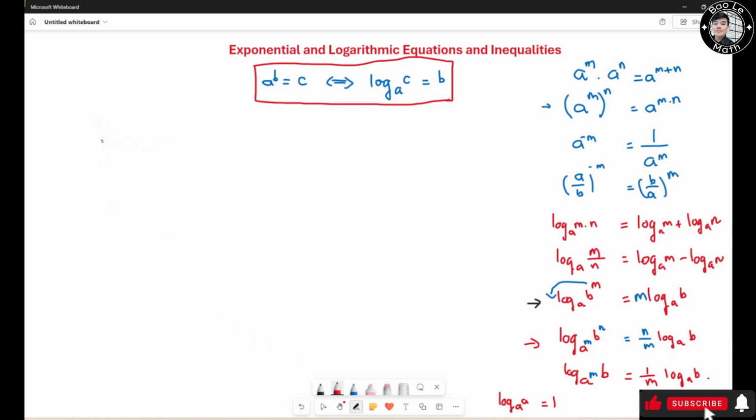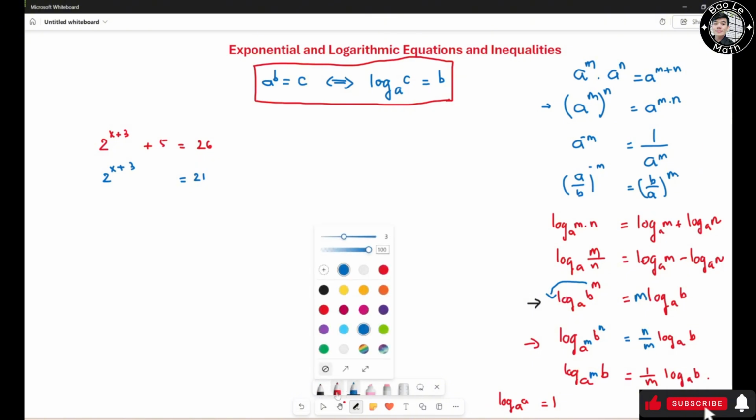So for example, we need to solve 2 raised to s plus 3, plus 5 equals 26. Alright, so the first thing you need to do is to subtract 5 from both sides. So it's going to be 2 raised to the s plus 3 equals 21. Alright, so you look at the base right here, it's going to be 2, right?